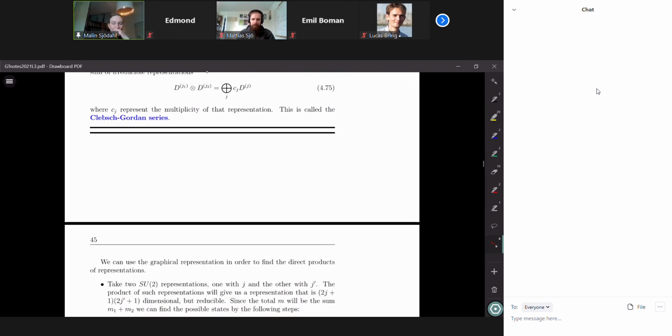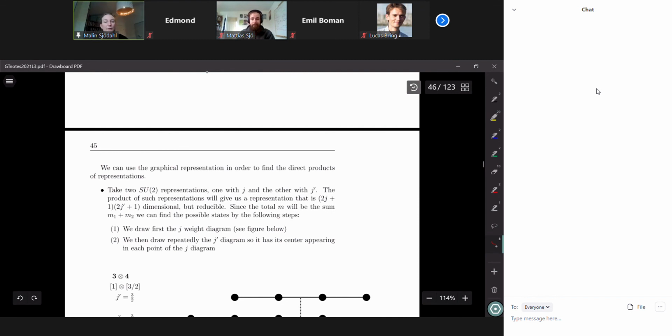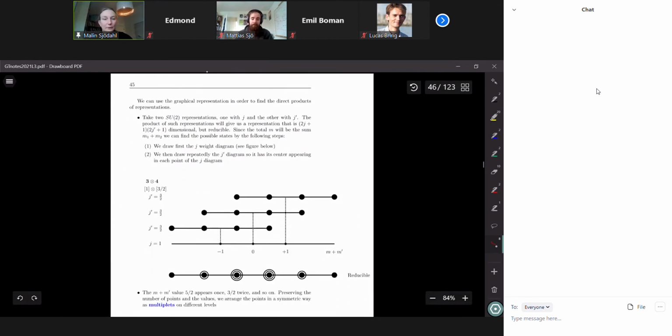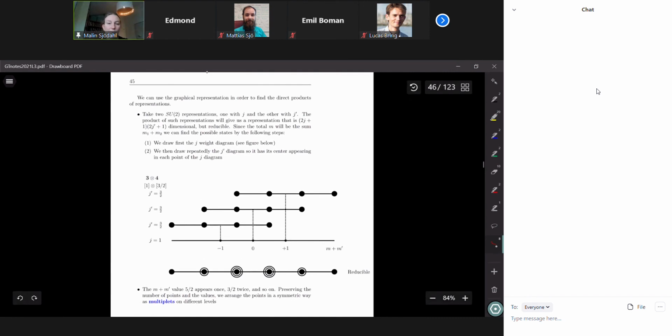I was hoping to get to the Clebsch-Gordan coefficients, but I see now that that is too much. We will not get to the coefficients, nor find how to relate the states in these different bases; that we will have to do next time. But we have found this direct product representation.